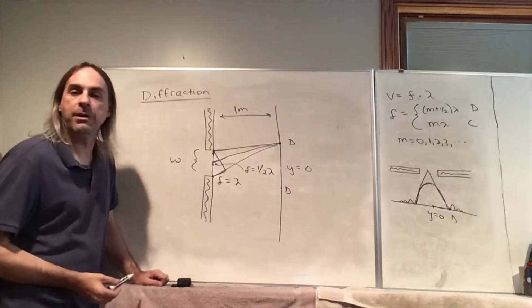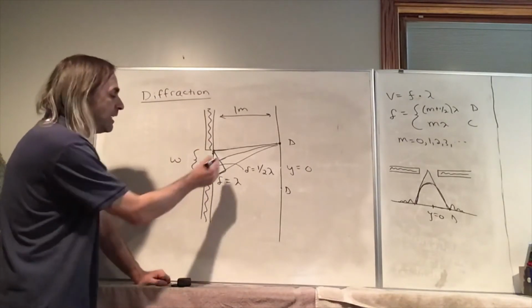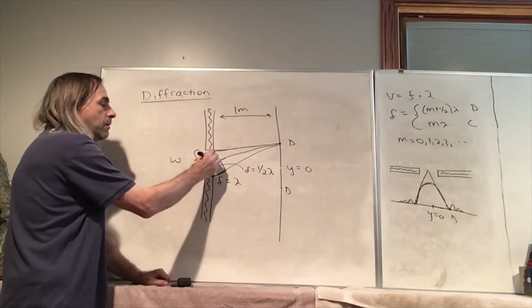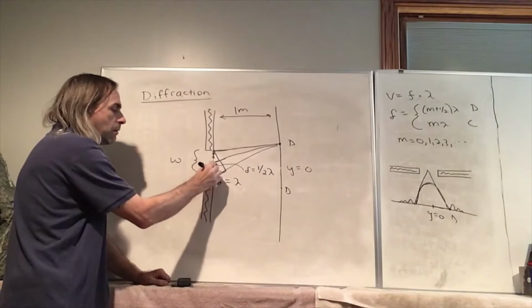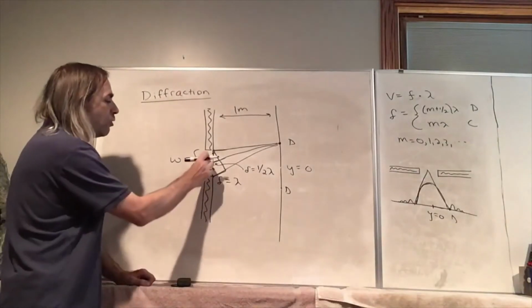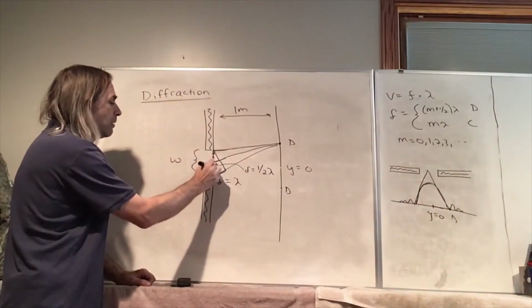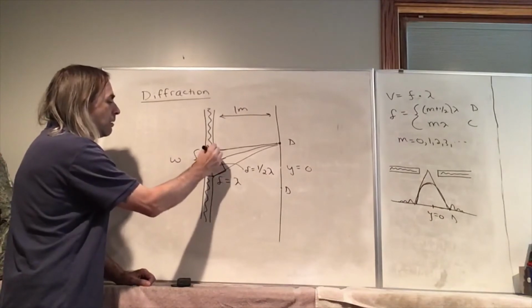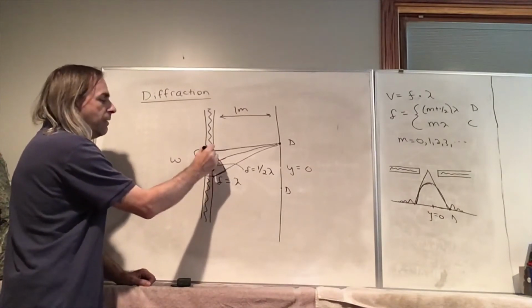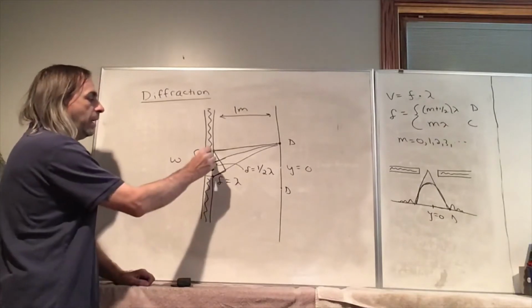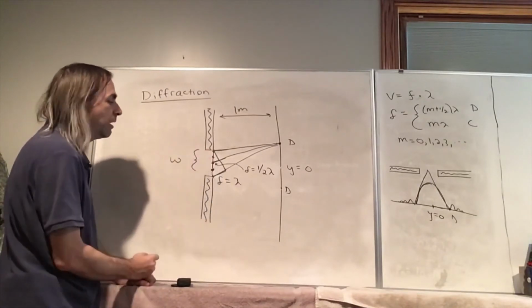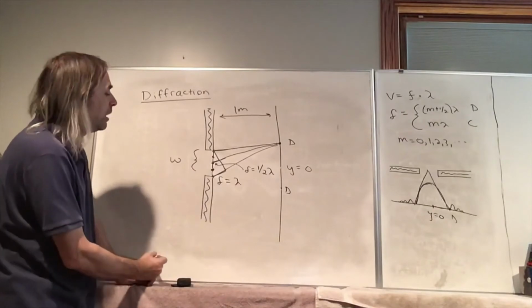You can break it up into as many pieces as you want. Let's say we break it up into 5 pieces. The picture is not that great anymore, but this point and this point cancel each other out. And then this point and this point are going to cancel each other out.